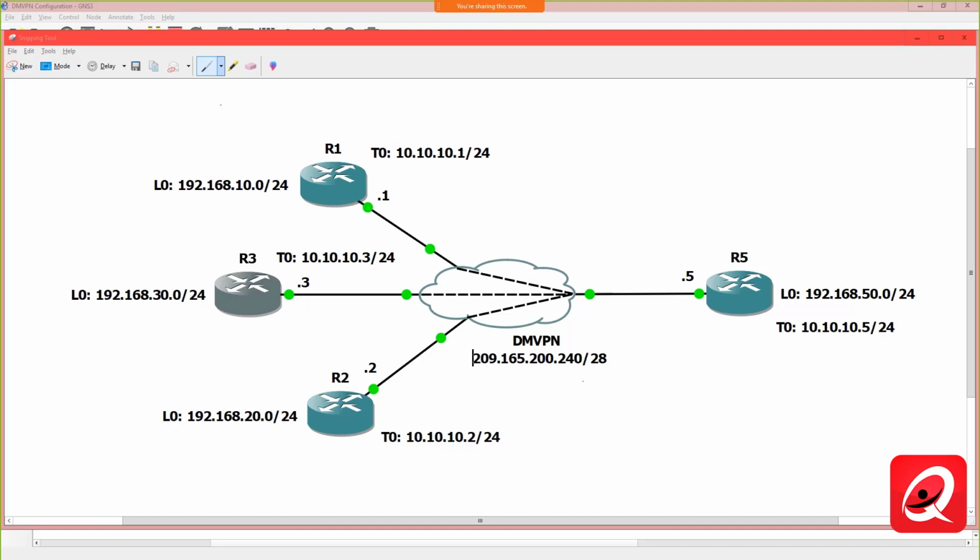But here's the key: summarization, default routing, and route optimization are not available in DMVPN Phase 2. The NHRP redirect is what allows us to handle things like summarization and default route injection. So it was added so that we could also include some of the more efficient scalability options that we would typically see in a network based on route summarization and so on.